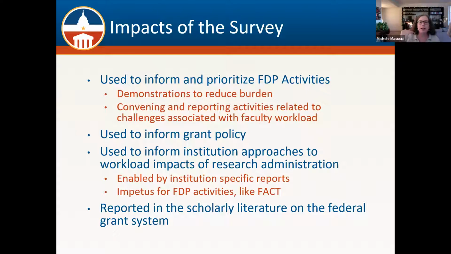But in that document, there's just a lot of attention to the Federal Demonstration Partnership and its activities, and the mandate to do all the things that they want to do while keeping administrative burden as low as possible. So I think those are a couple of the ways in which we think there's a direct policy connection.